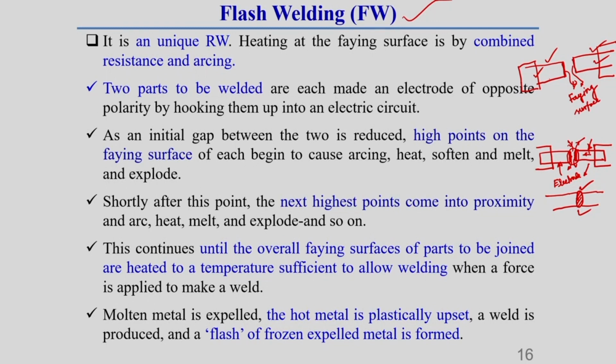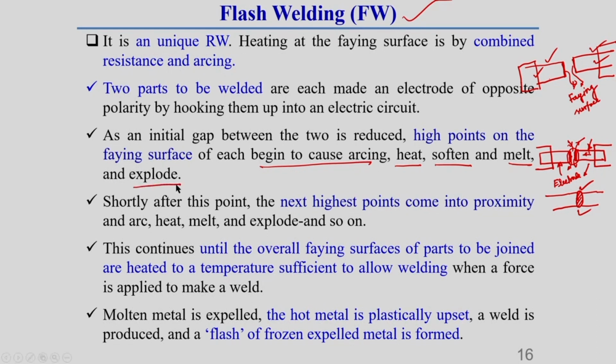Now, everything I have written here in detail. As the initial gap between the two workpieces is reduced, high points on the faying surface of each begin to cause sparking, or arcing. Then it heats, softens, and finally melts and explodes.